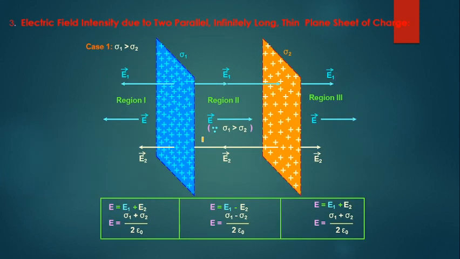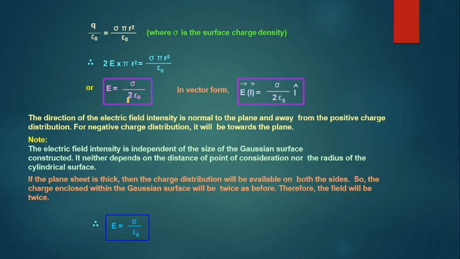If the sheet is very thick, the charge distribution will be available on both sides. So the charge enclosed within the Gaussian surface will be twice as before, so the 2 times 2 get cancelled.